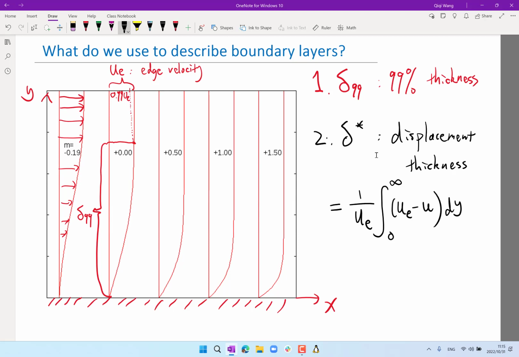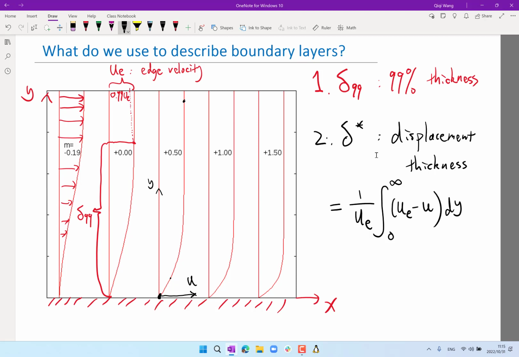What does this mean intuitively? Let's focus on one of these plots. The y-axis is y, and if you look at the plot of a profile, the x-axis would be u. Here u is equal to 0, here u is equal to ue, and somewhere here u is equal to half of ue.